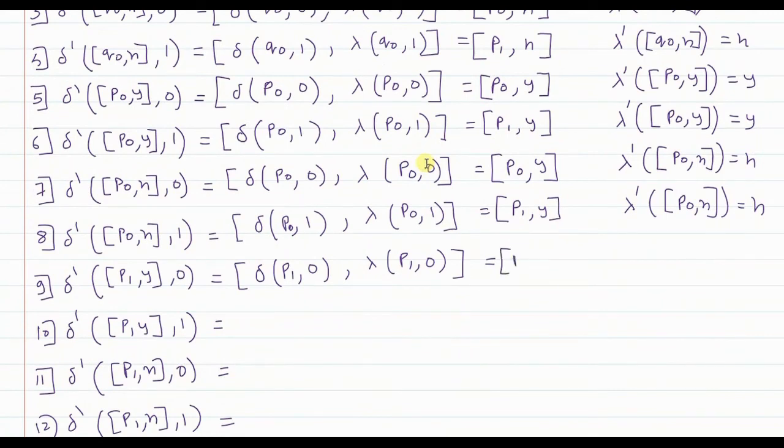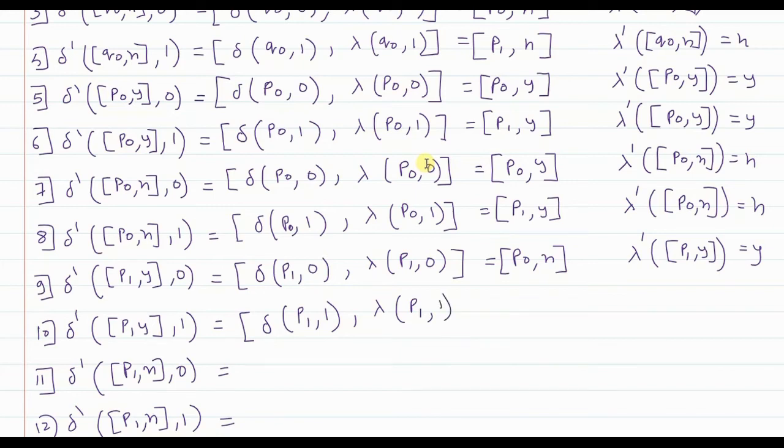Now P1 on reading 0 goes to P0 and the output generated is no. So it is P0 no. So what you get here is P0 comma output generated is no. So this will be lambda dash of P1 comma y will be y itself.